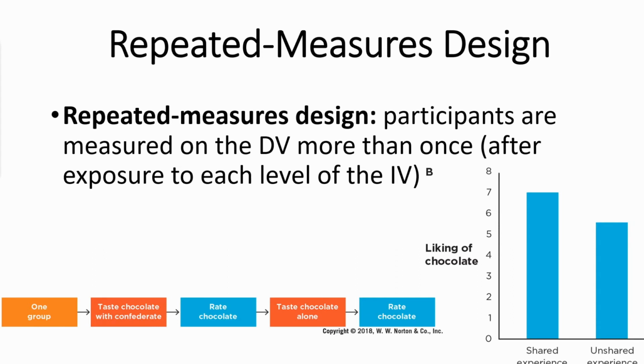And so they had 23 college women come into the lab to do a study, and each participant was joined by a female confederate. And if we remember, confederates are basically research assistants. They're people who are in on the experiment.